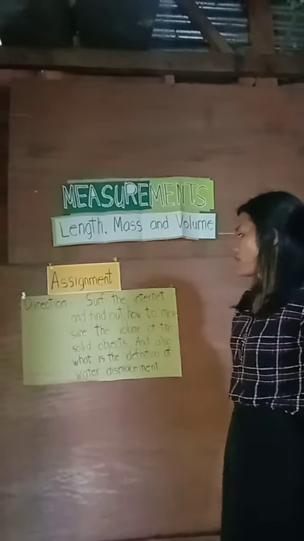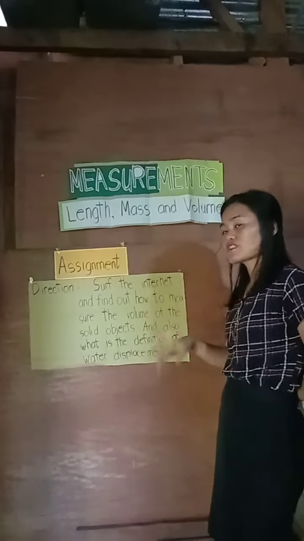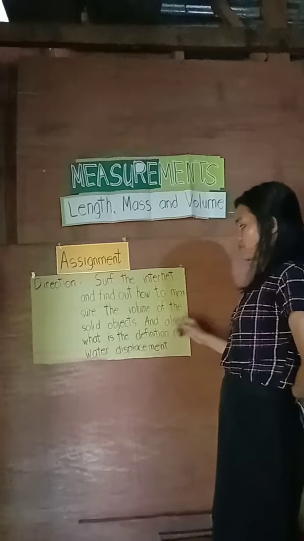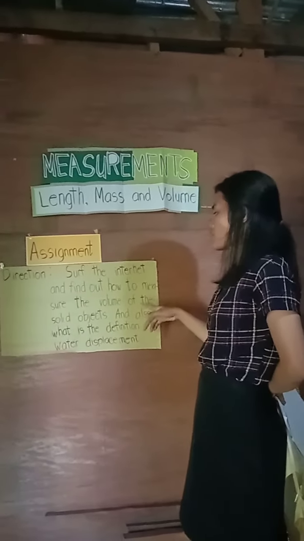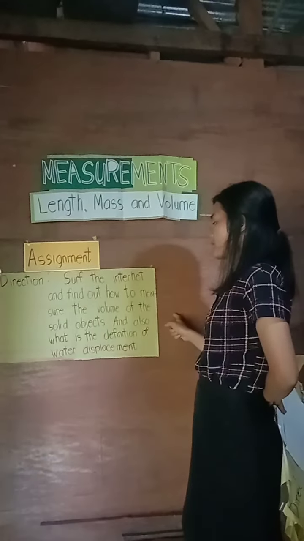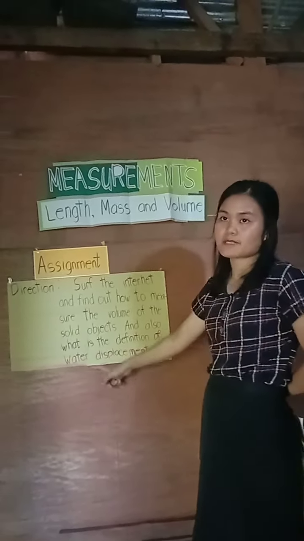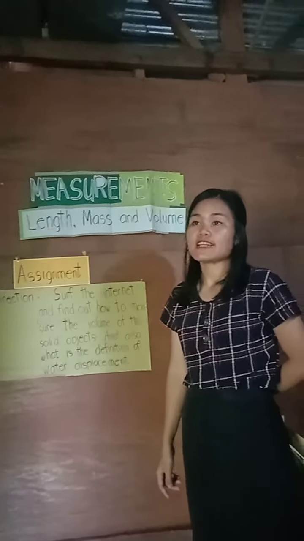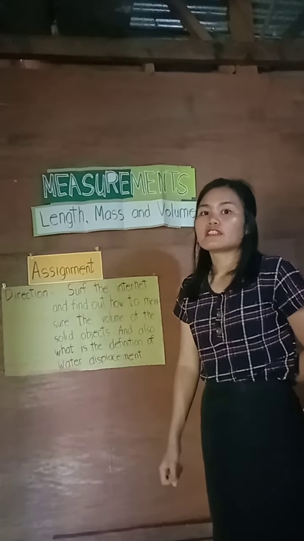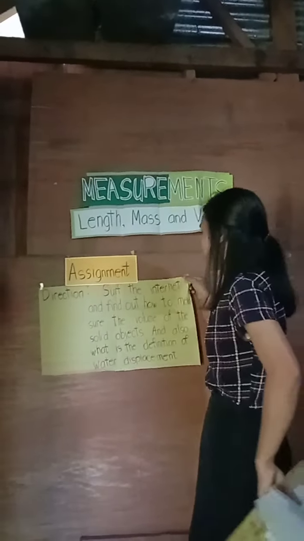So you are going to surf, and then you will jot it down in your notebook. How to measure the volume of a solid object, and then also what is the definition of water displacement. Okay, is everything clear? Okay, that's great. Since everyone is done copying, I will remove this one.